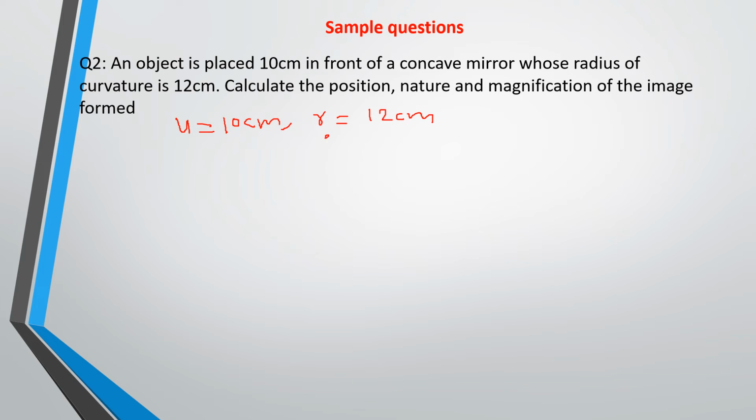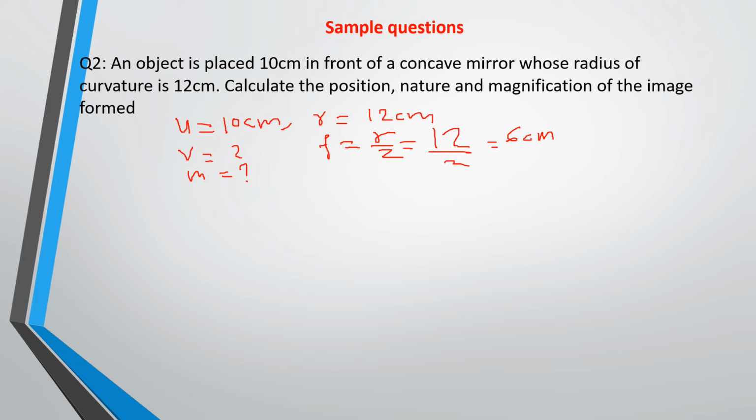So from here we know that f is equal to R over 2, which is 12 over 2, so the focal length equals 6 centimeters. Then we are looking for the image distance and the magnification, which we don't know.